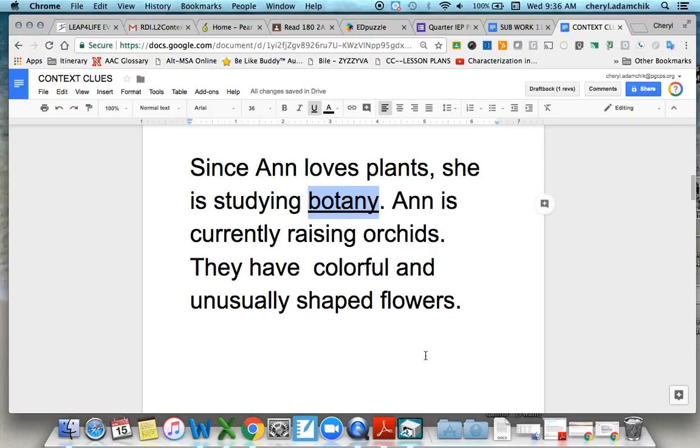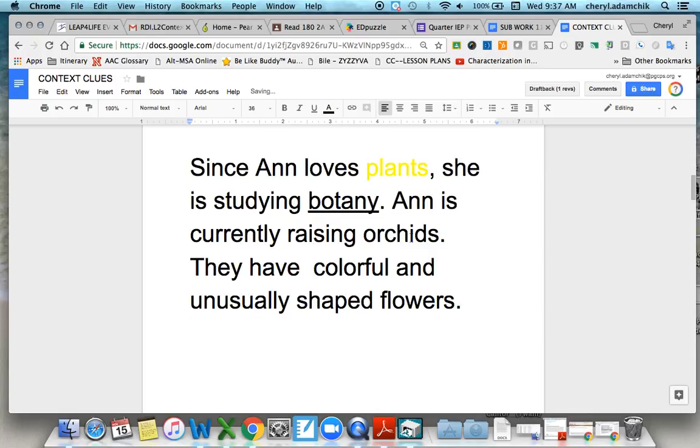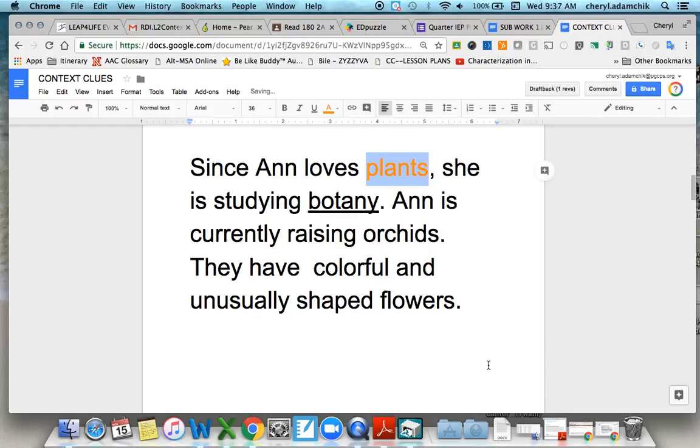Since the sentence has the word plants in it, I know that botany must have to do with studying plants. Make sense?